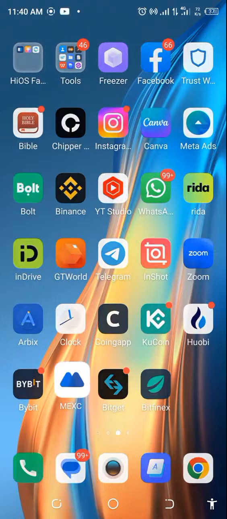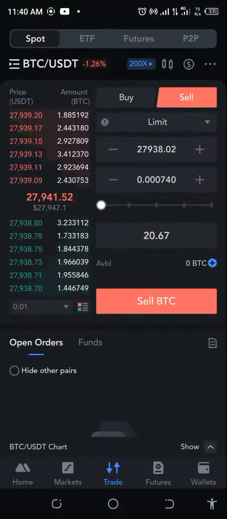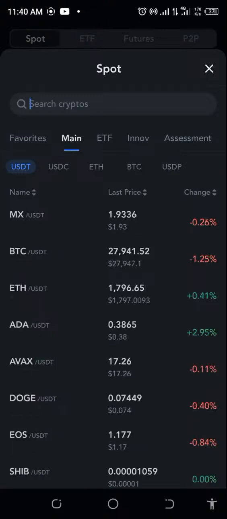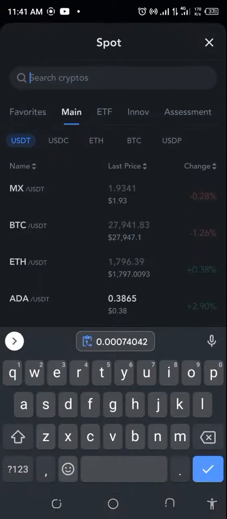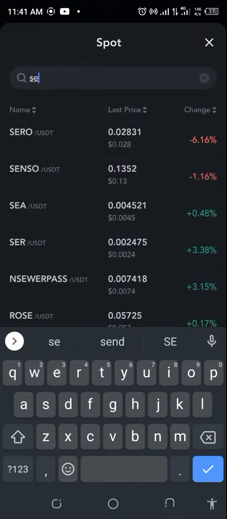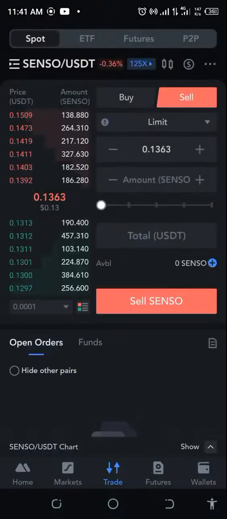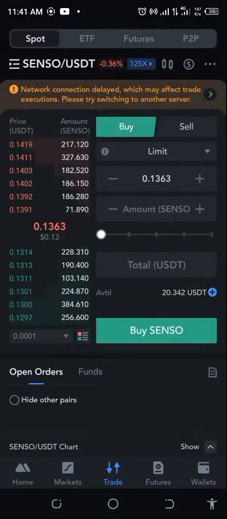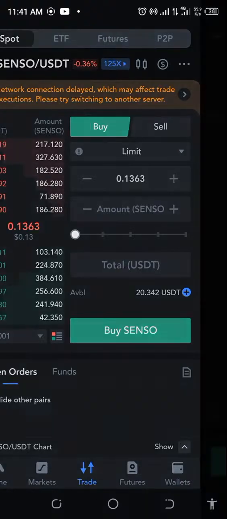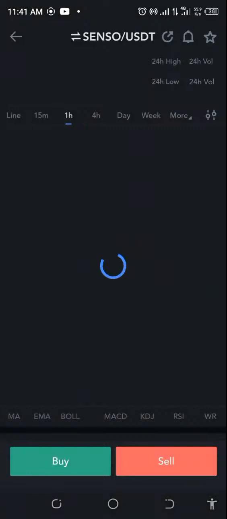We're going to be looking at it, especially trying to make sure that this still gives us good results. So let's go back to our Senso USDT, and then we buy. Let's check the charts just to be on the safe side to see what's going on with Senso.